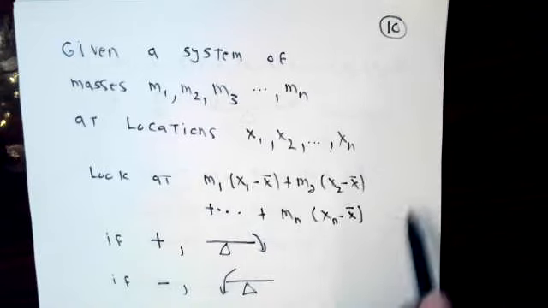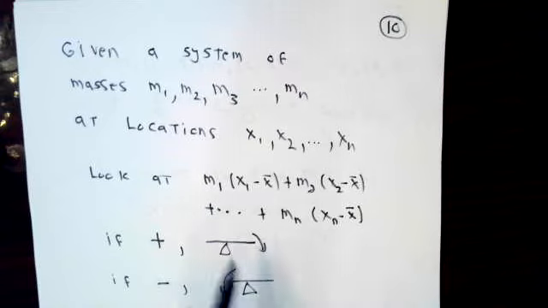If this quantity is positive, then the overall motion of this beam is going to be in this direction. It's going to be clockwise. And if this number works out to be negative, the overall motion will be counterclockwise.